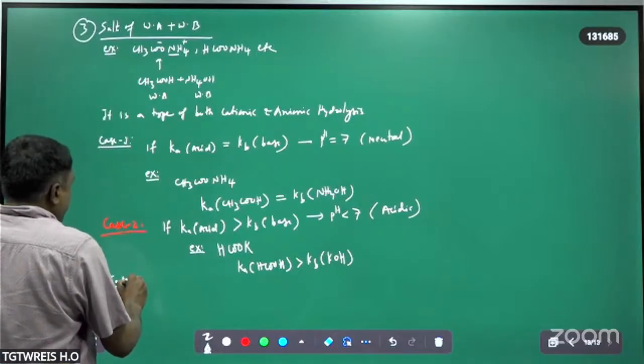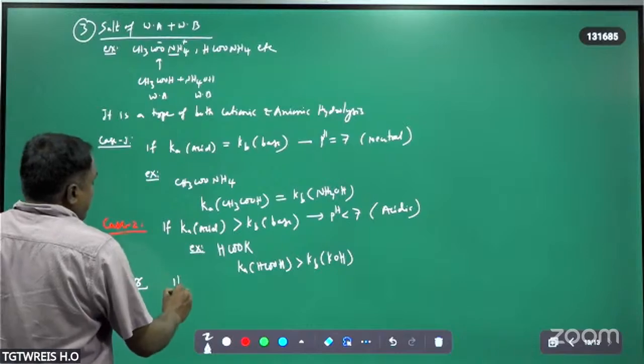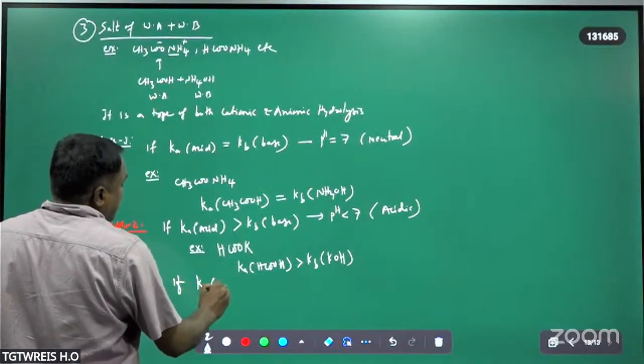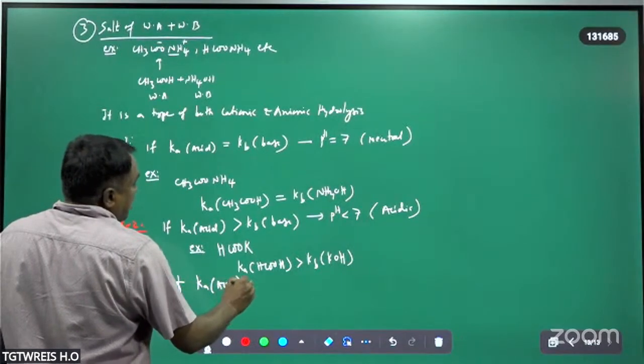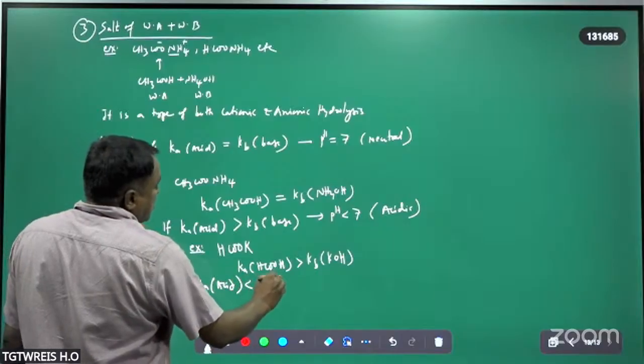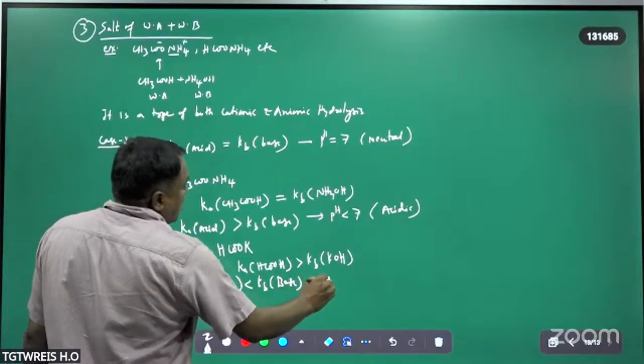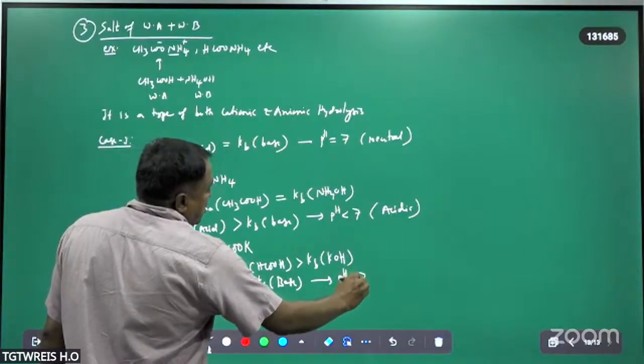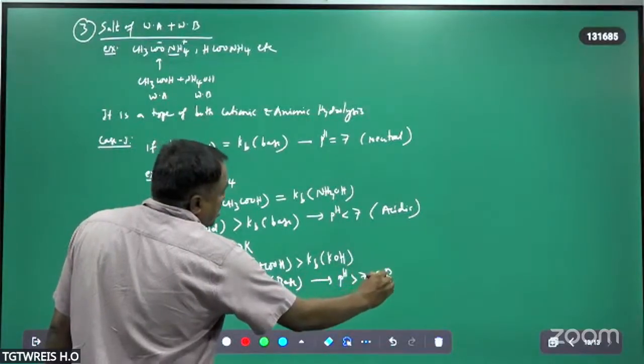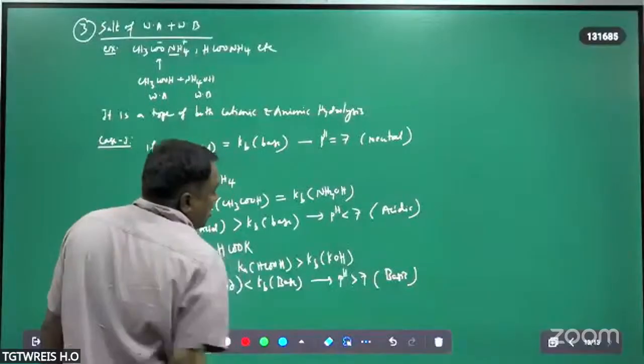Case 3: if Ka of the acid is less than Kb of the base, the pH is greater than 7 and the solution is basic in nature.